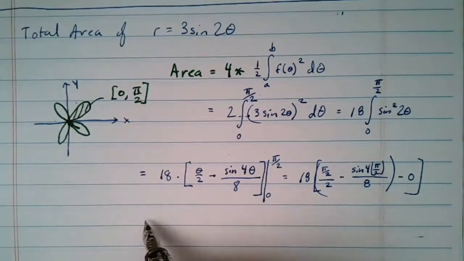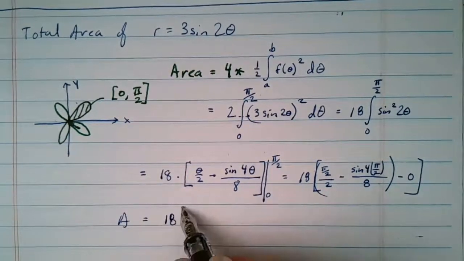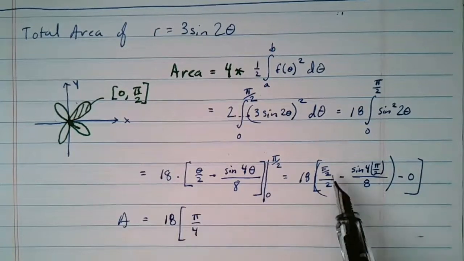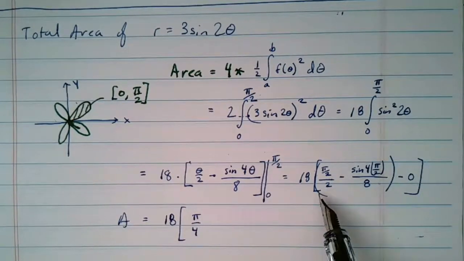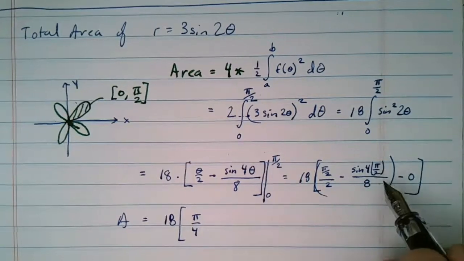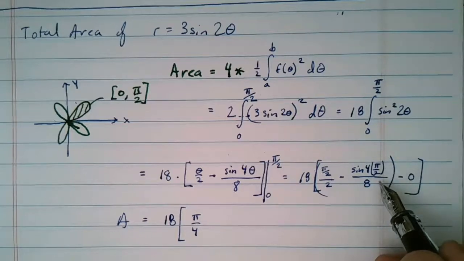What does this give me? This gives me an area that is equal to 18 times, and I get pi by 4. Now, right, because pi by 2 over 2 is pi by 4. Sine of 4 times pi by 2. Well, 4 times pi by 2 is going to be 2 pi.